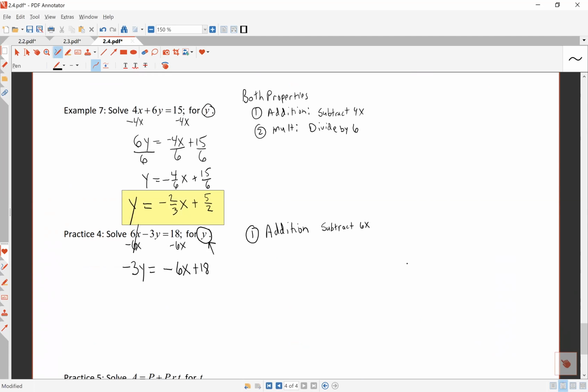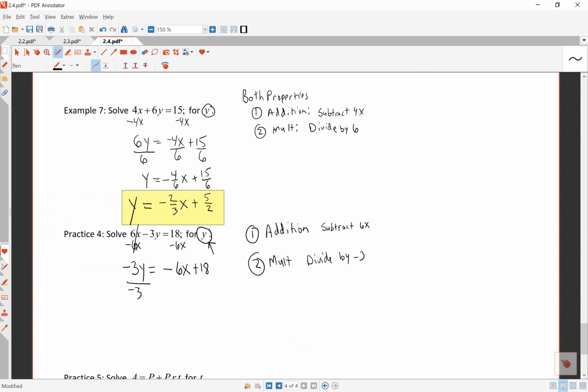Now we do the multiplication property of equality. We're going to divide by the coefficient of y, which is negative 3. Divide by negative 3. I have a quick question. Yes, go ahead. How come when you're taking negative 6x from 18, it's not like 18 minus 6x?